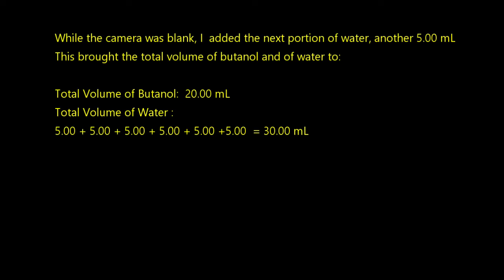And then I just started adding acetic acid to get to the turbid point once again. Where this video resumes, I am almost at the turbid point for that 30 milliliters of water. I'm almost ready to read the burette volume of the acetic acid.